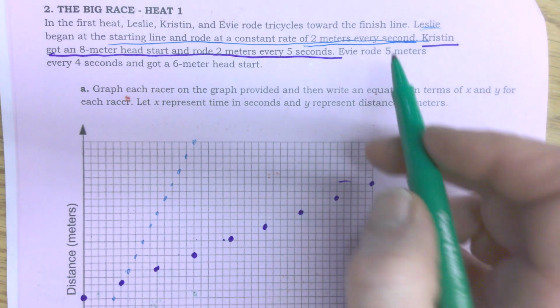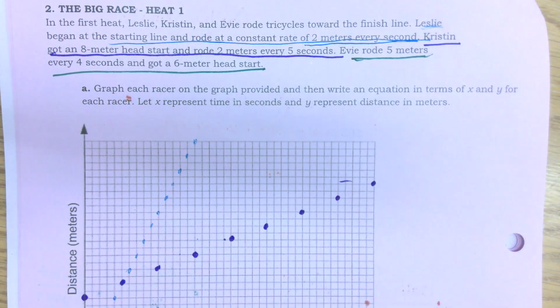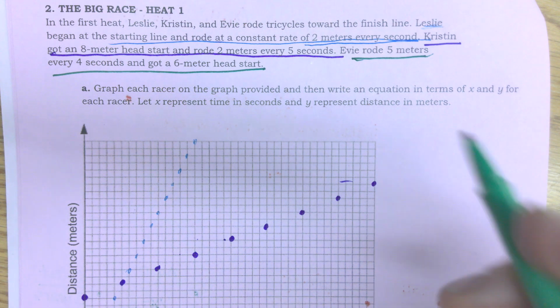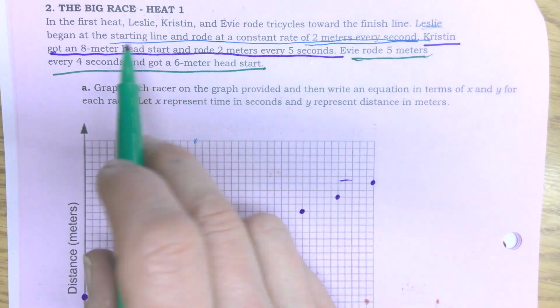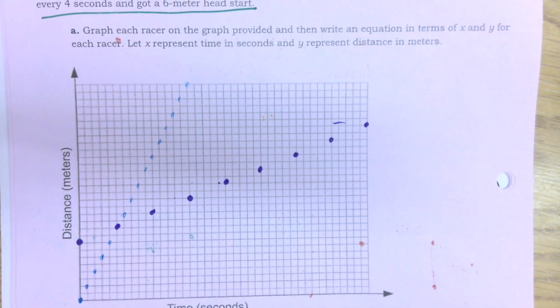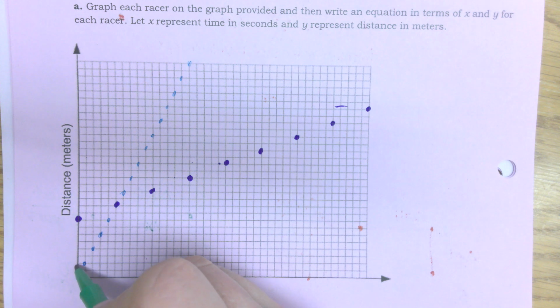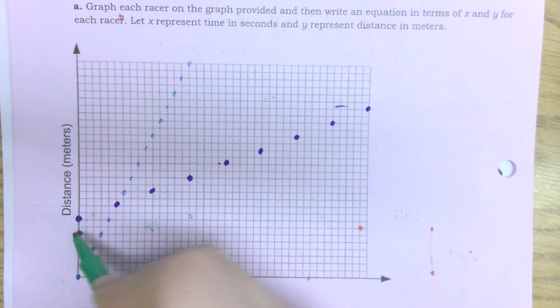I'm going to do Evie's in green. That's how I'm going to do mine so it stands out. And it tells me that Evie rode 5 meters every 4 seconds, but she got a 6-meter head start. So 6-meter head start means she starts at 1, 2, 3, 4, 5, 6. So I'm going to start Evie right there.